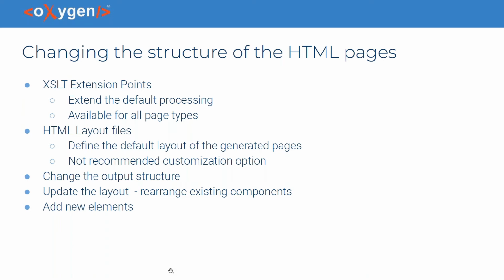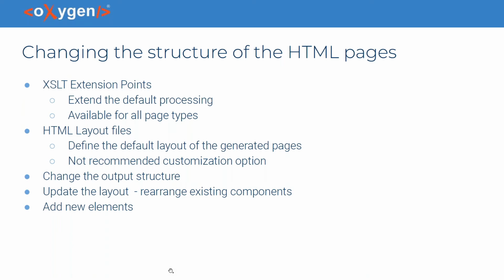There are XSLT extension points available for each output page. The XSLT extension files can be referenced within a dedicated section of the templates descriptor file. Another important thing to note at this step is that the structure and the layout of each page type is described by an associated HTML page layout file.